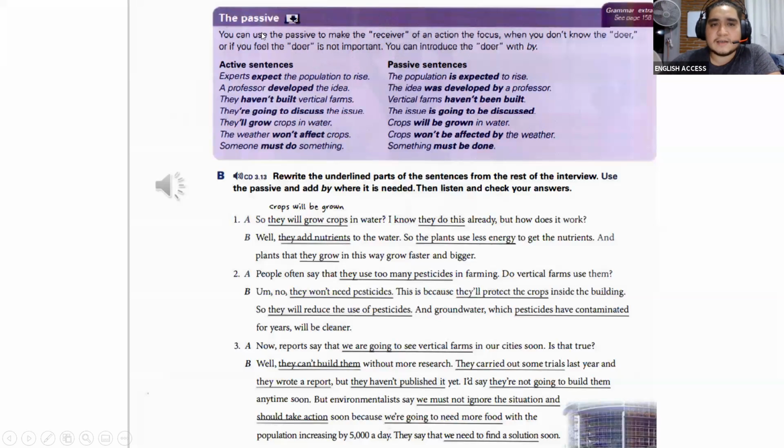So let's read. It says you can use the passive to make the receiver of an action the focus when you don't know the doer, or if you feel the doer is not important. You can introduce the doer with by. And we have some examples.